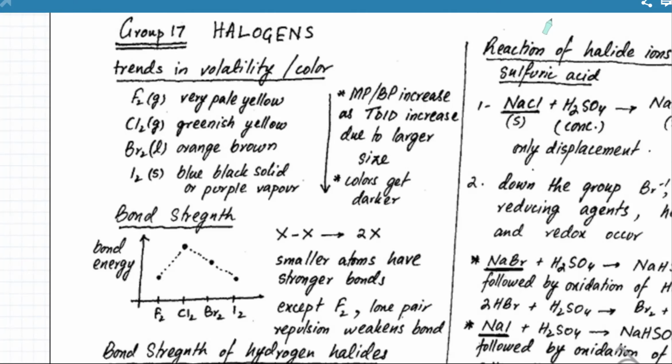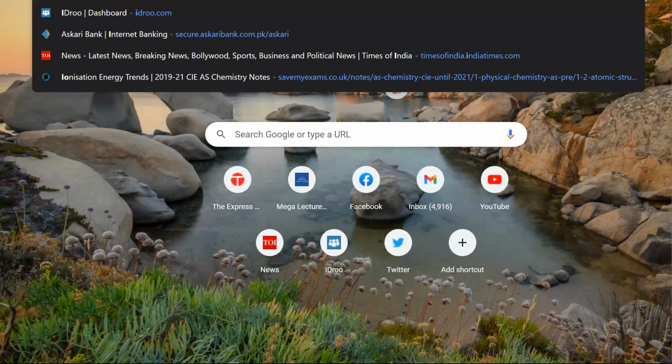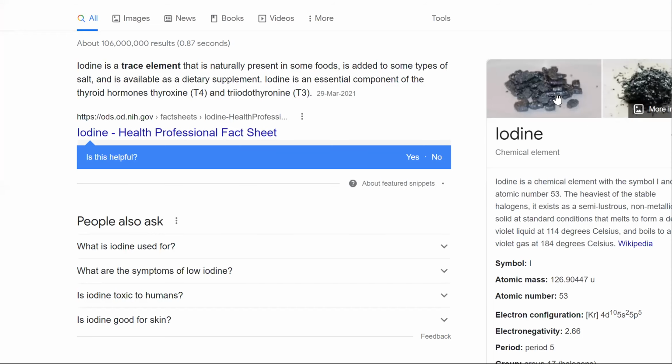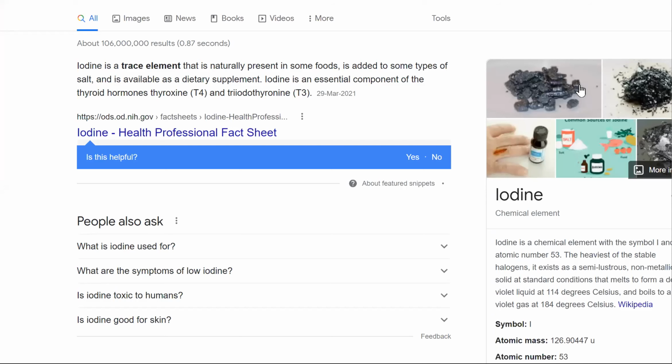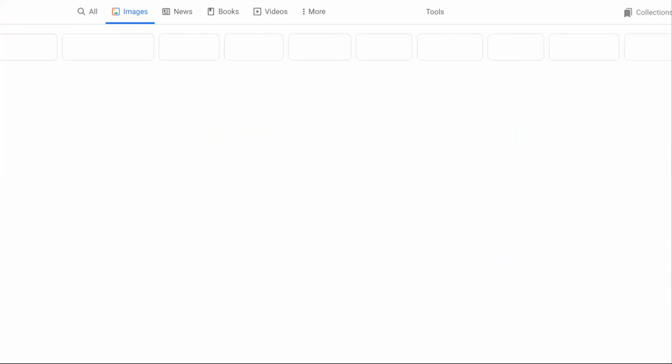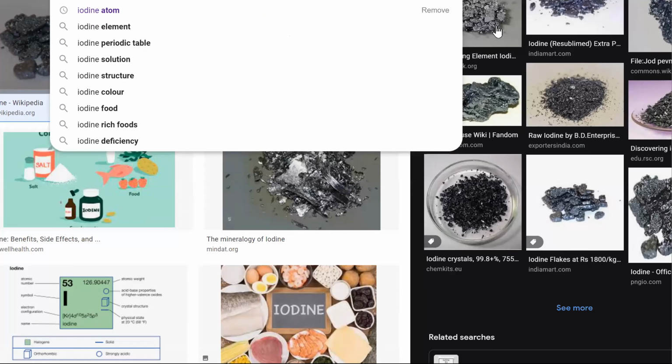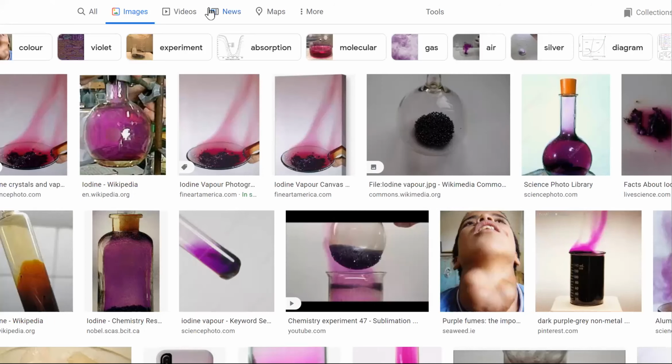Iodine has several colors actually. If you look at iodine, it's a blue-black crystal, which you can see over here. But if you talk about iodine vapor, then the vapor is purple in color.